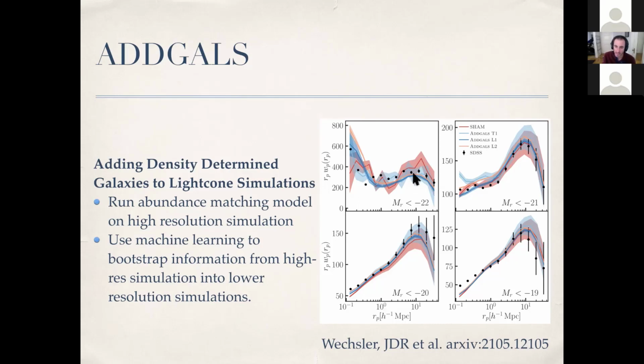And so you can see that the clustering measurements between all of the resolutions of simulations agree with each other quite well. Even though the lowest resolution simulation in this figure is factors of a few lower resolution than the highest resolution simulation, we're still able to reproduce the clustering properties that we want using this machine learning method.